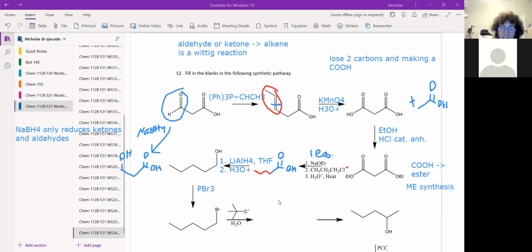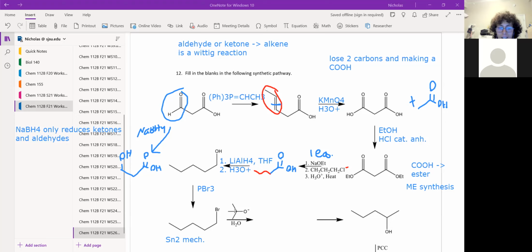What kind of reaction or mechanism would this substitution be? It's a substitution, so it's either SN1 or SN2. Which one is this one? SN2, yeah. That's with PBr3 or SOCl2.